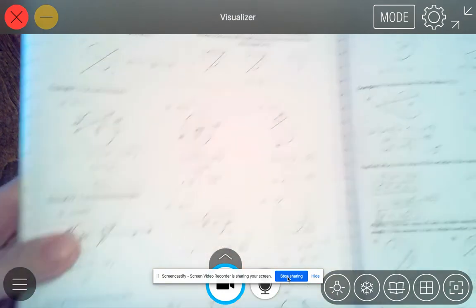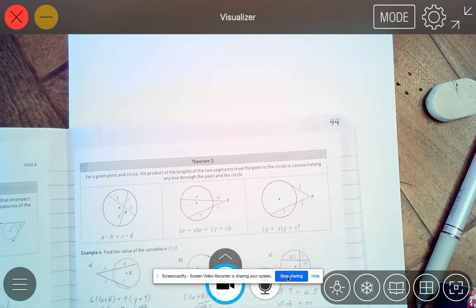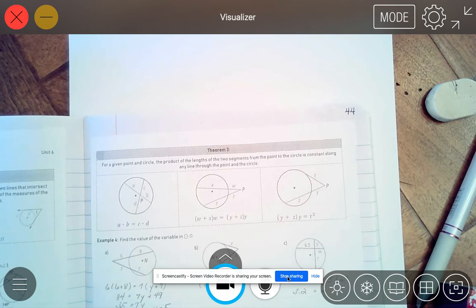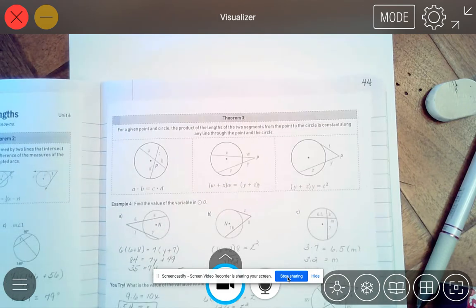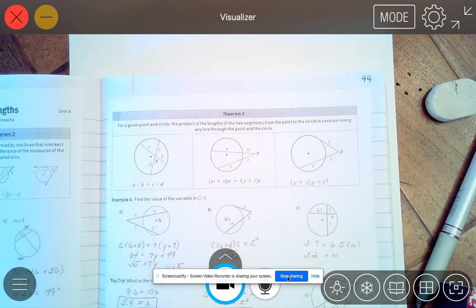All right, moving on to the second page, we have a theorem that says for any given point in a circle, the product of the length of the two segments from the point to the circle is constant along a line through the point in the circle. These are three specific areas that you can look at with the circles and the lines going through those.